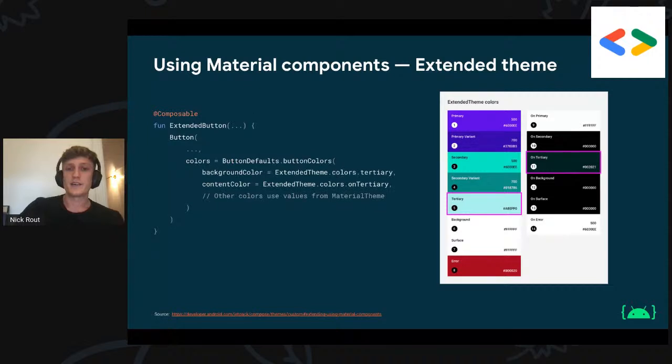We can then introduce additional values over and above these standard parameters that allow us to theme our button with values from our custom extended theme. In this case, with the button, we override its defaults to use colors from our extended theme as opposed to colors from MaterialTheme. This means we can have a button that uses the tertiary or onTertiary color for the button and its label or icon in a way that wasn't possible before.